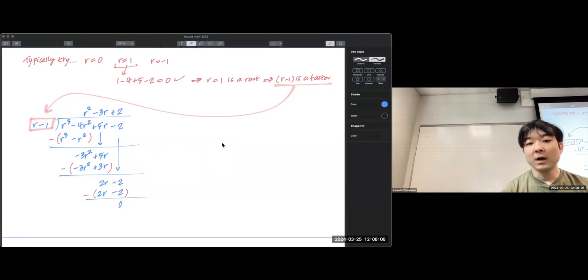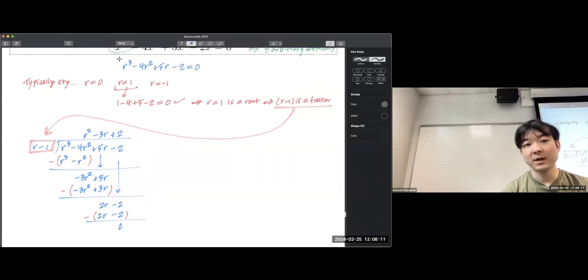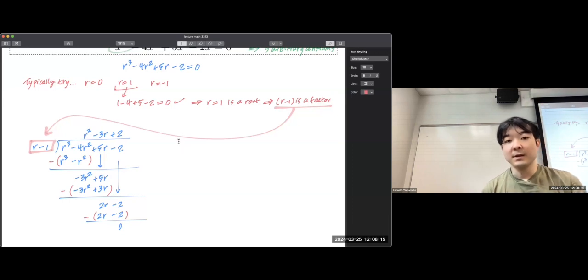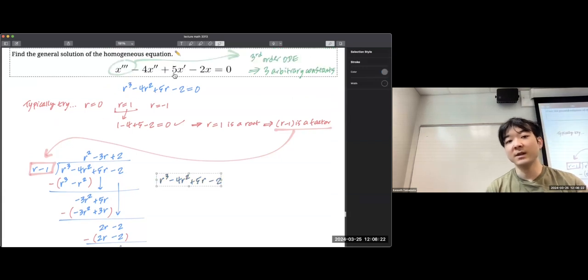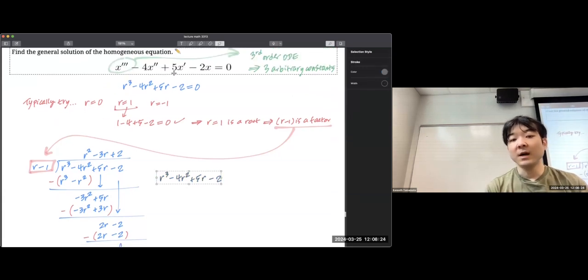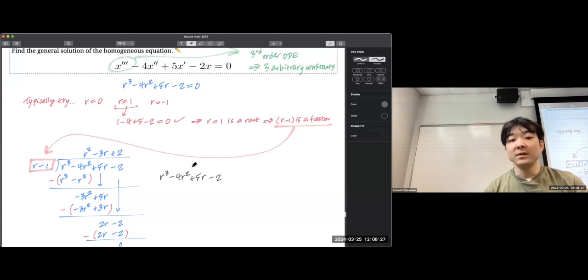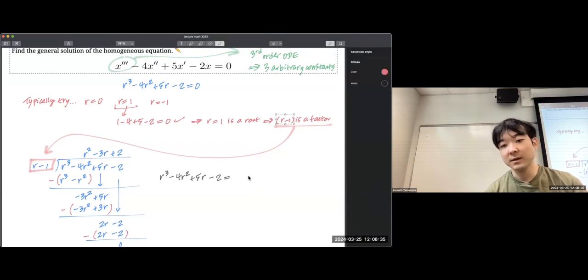So this thing right here, which was our original characteristic polynomial, will factor into, of course, the r minus 1, which is this one, because we know that 1 was a factor.